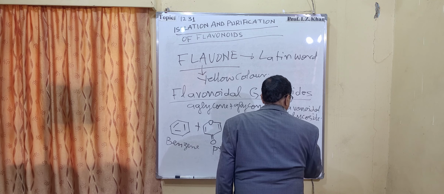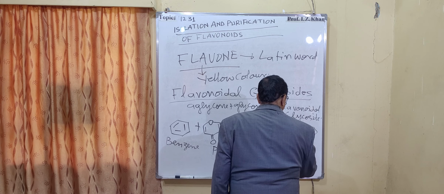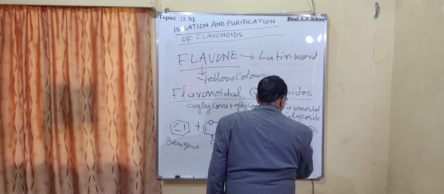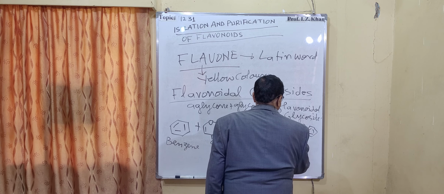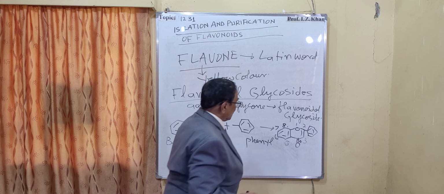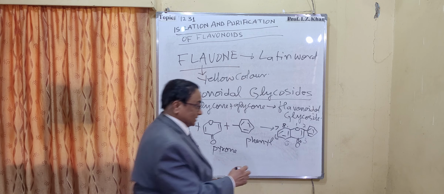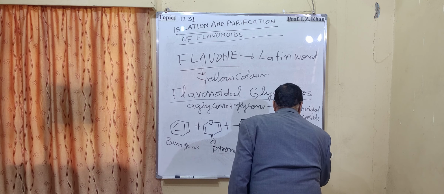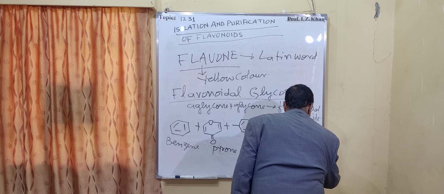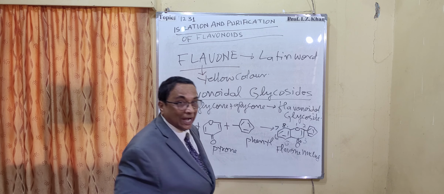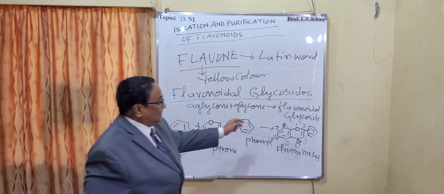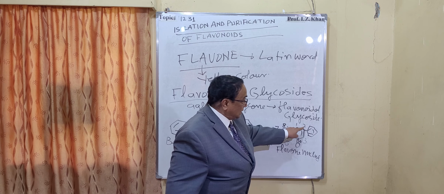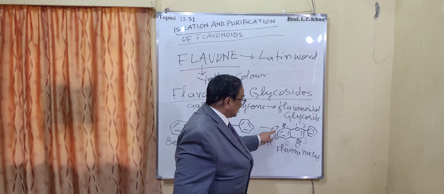One, two, three, 4, 5, 6, 7 and 8. So this is your flavone nucleus. When we are counting the numbers, it starts from the heteroatom oxygen: 1, 2, 3, 4, 5, 6, 7, 8.